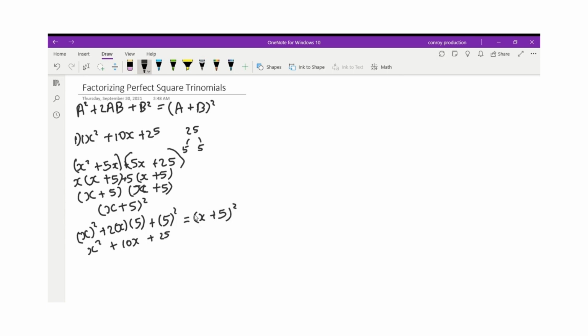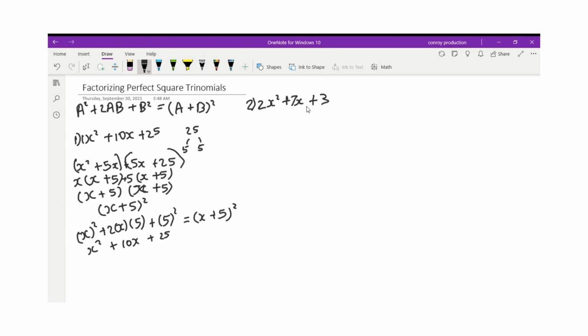Alright, so our other example, example 2, we have 2x squared, and what we see here is a coefficient on the first squared term, which is a 2, plus 7x plus 3.